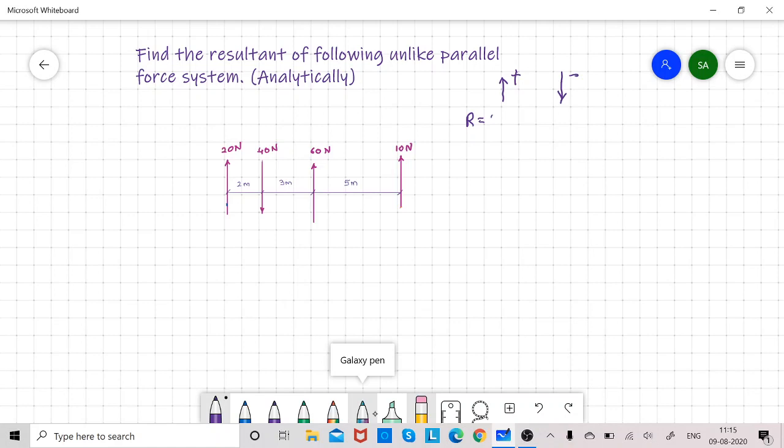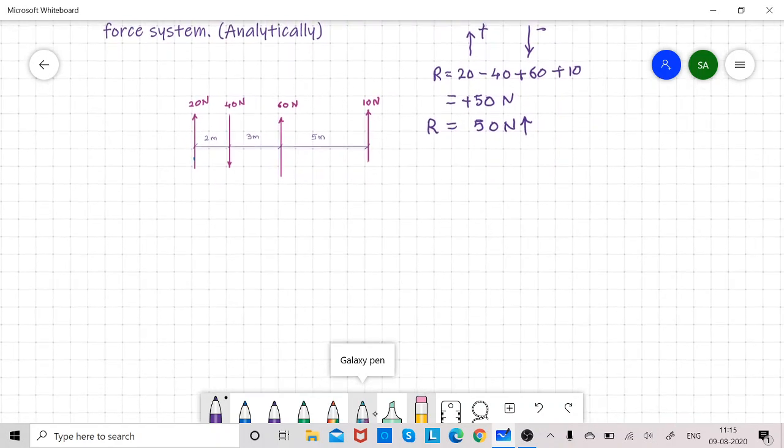So R is equal to 20, which is plus as it is upward, minus 40 plus 60 plus 10. So here I will get 60 plus 10, 70 plus 20, 90 minus 40, equals 50 Newton, or in other words 50 Newton upward. So R is 50 Newton upward.